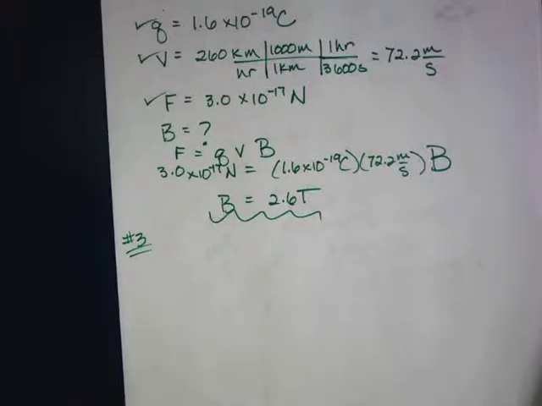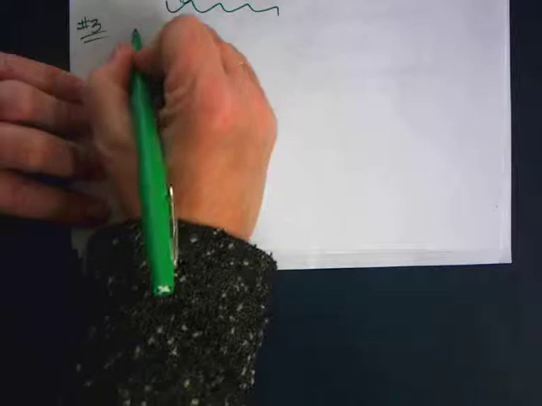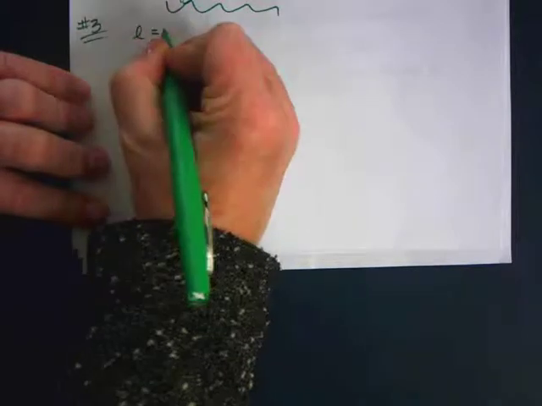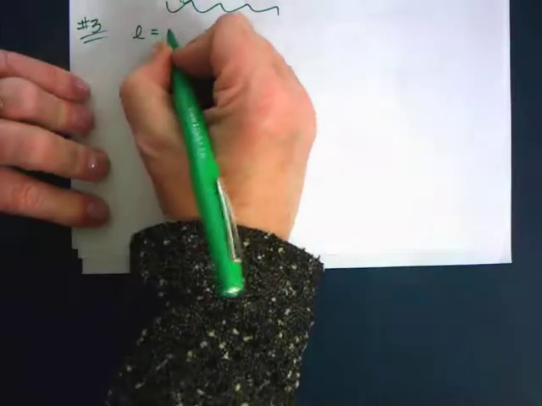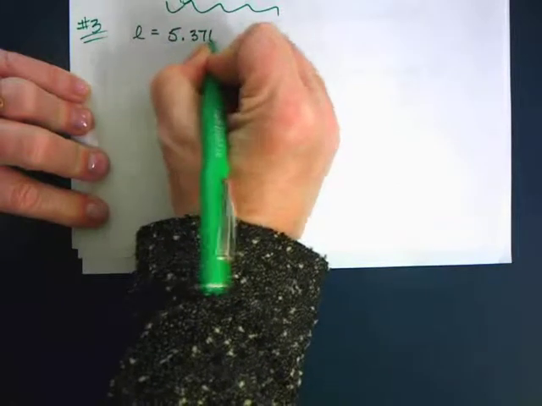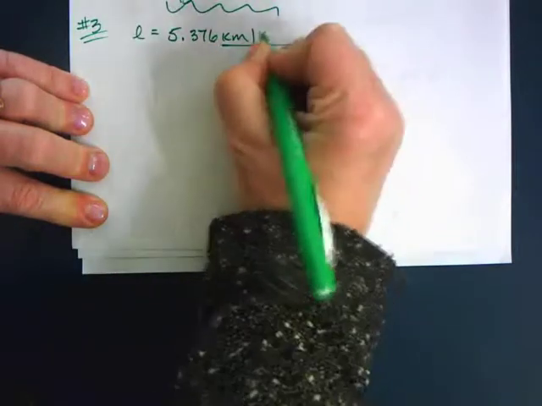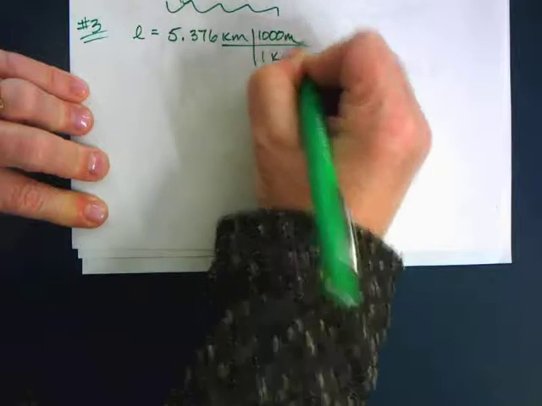If we have a power line that is in the Earth's magnetic field, you're going to solve for the magnetic field strength of the Earth. Okay. So we are given the length of the wire, which is 5,376 meters, or 5.376 kilometers converted, so we can have standard metric, right?